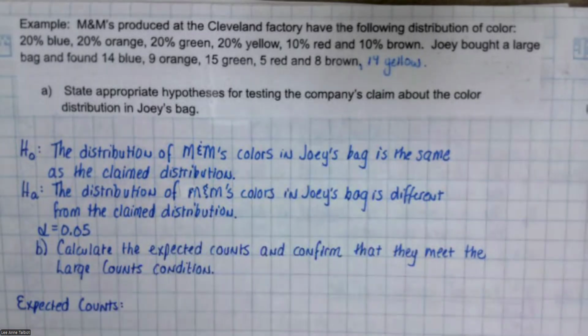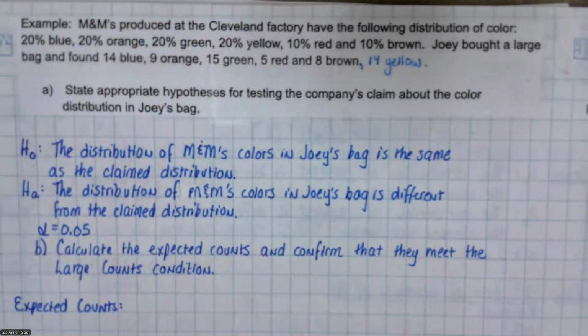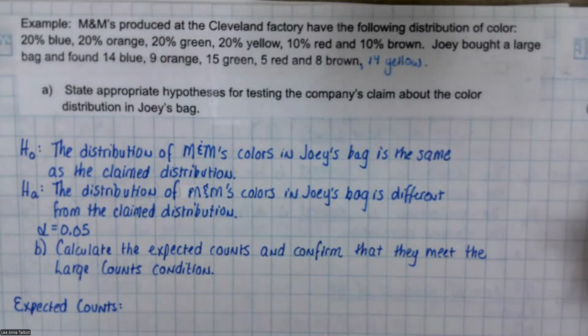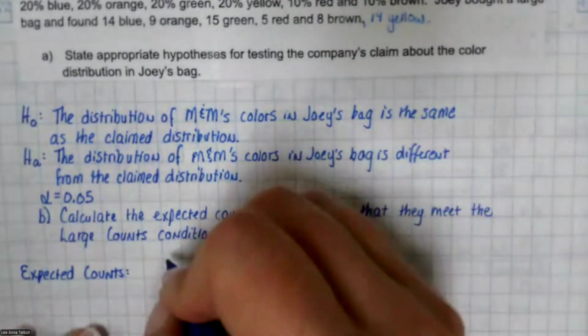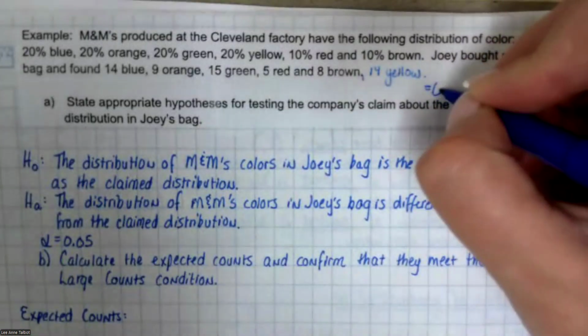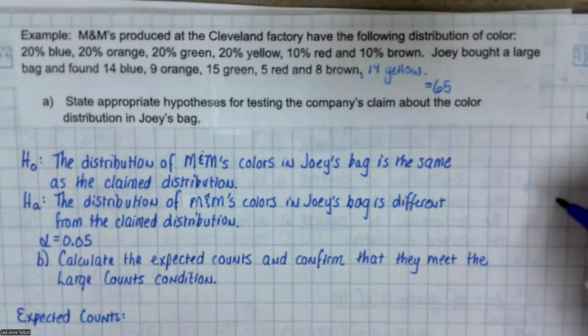The first thing we need to do when we find the expected counts is figure out the total M&Ms that he has, which would have been impossible had you not known there was 14 yellow. Are you okay with me saying that there's 65 total M&Ms without us adding it all up? I'm going to put n equals 65 up there.